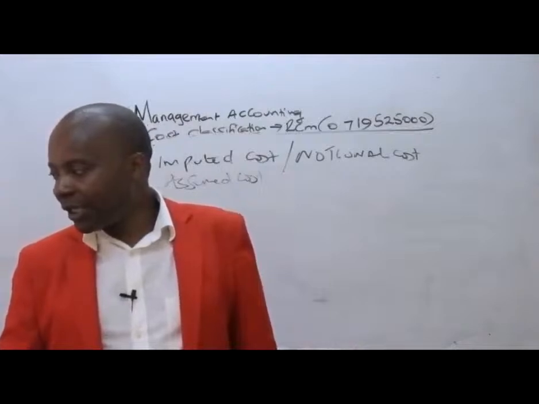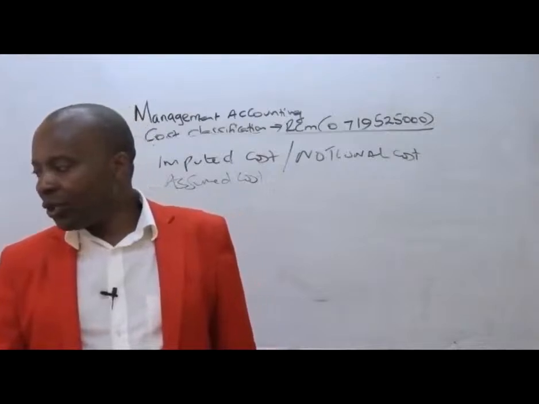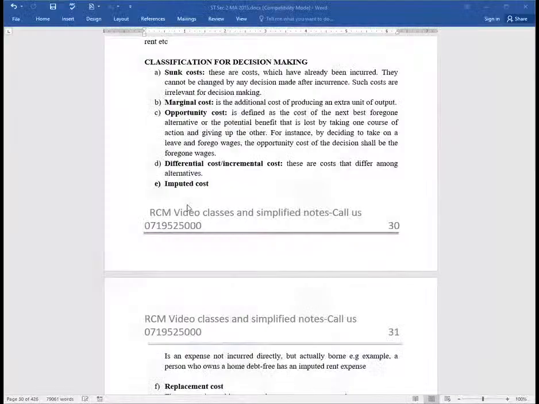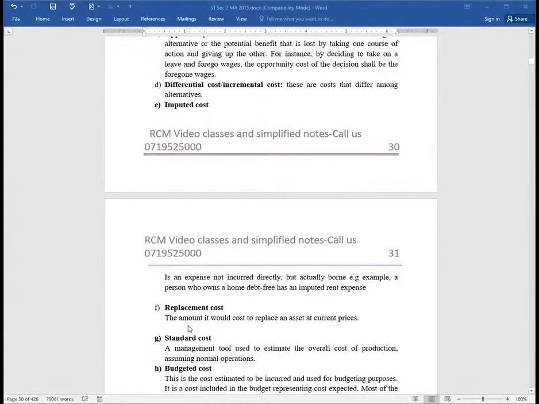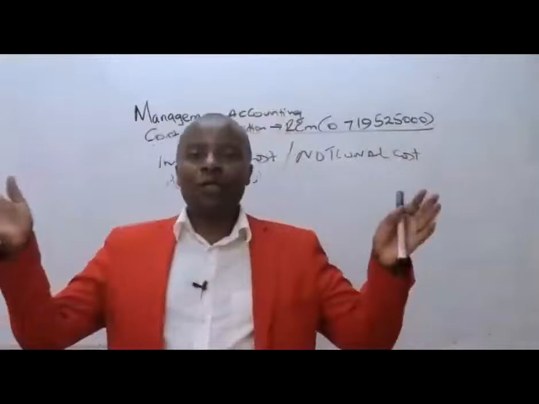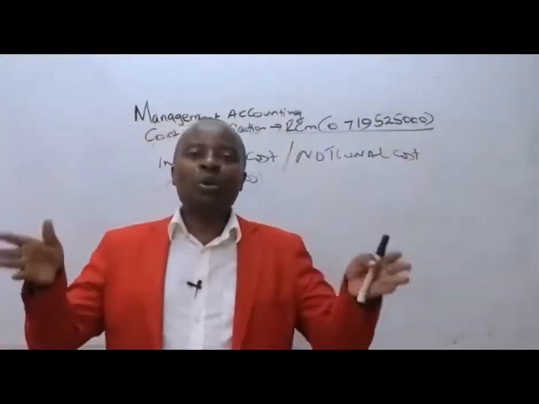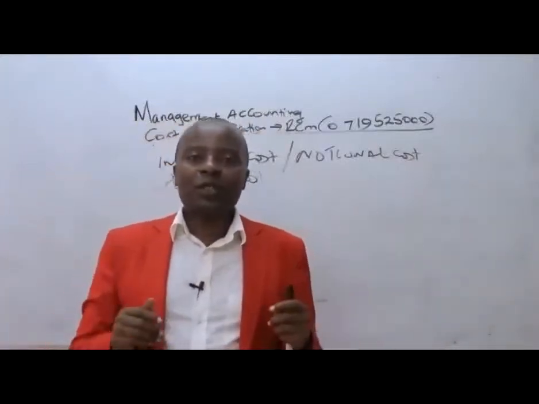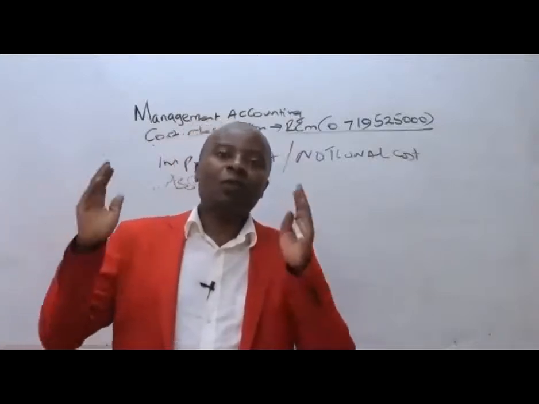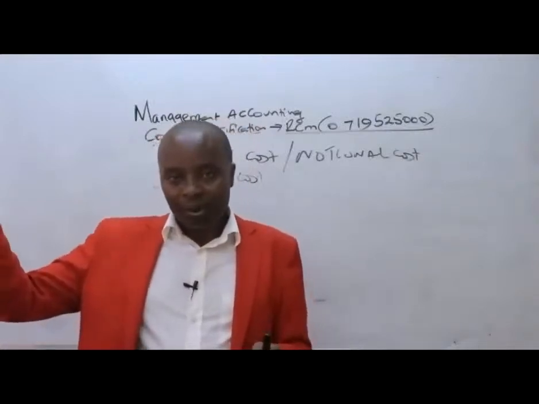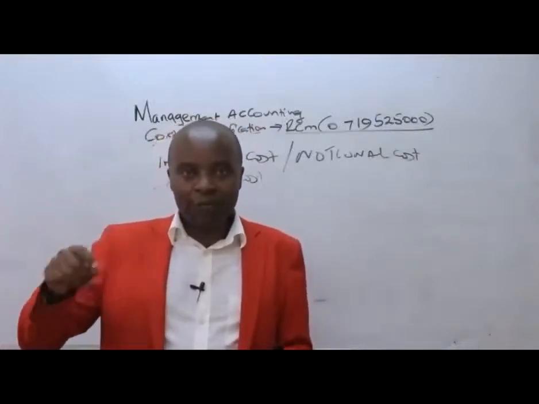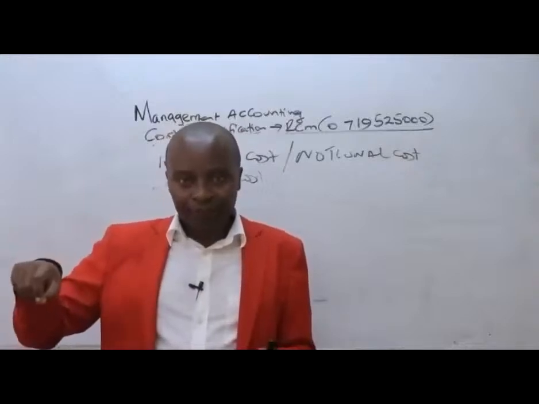And then, ladies and gentlemen, I would want you to appreciate another concept here, the replacement cost. I don't have to really talk about this in terms of decision making. Replacement cost: I'll be looking at a house, if it's a school, if I was to put it up from scratch, start building it from scratch, then whatever cost I'll be putting up will be given to me by a quantity surveyor, a QS.